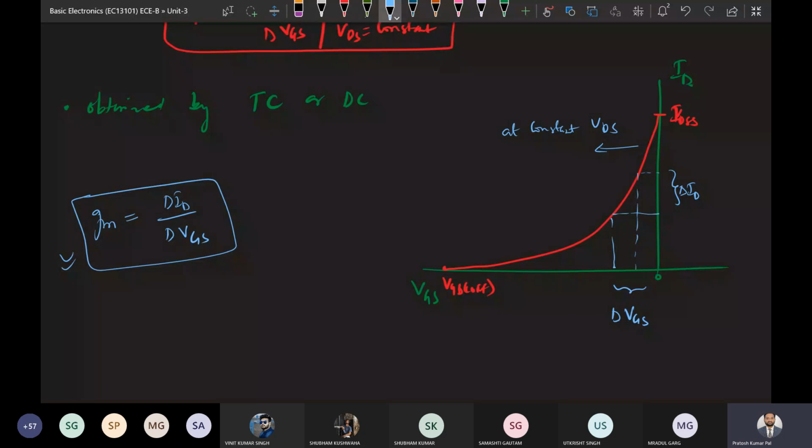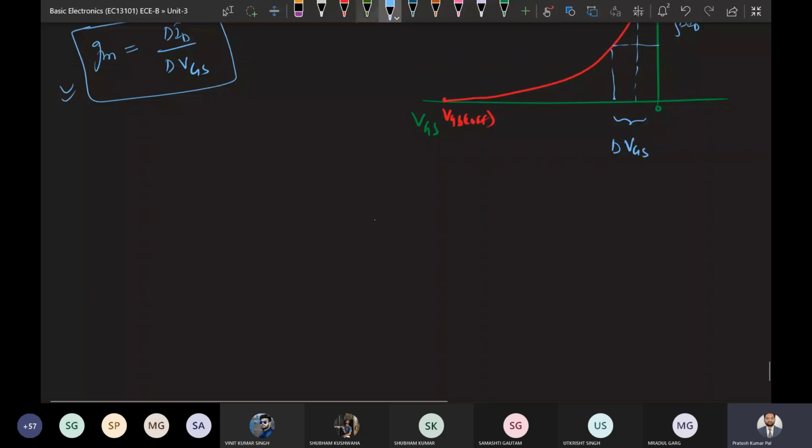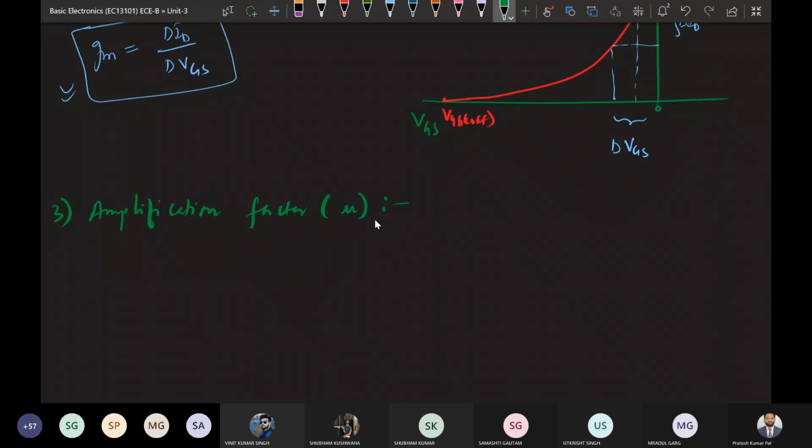One more parameter is there, that is called amplification factor. That is very important. So the third one is amplification factor, that is defined as mu. Okay, amplification factor is basically voltage amplification factor.